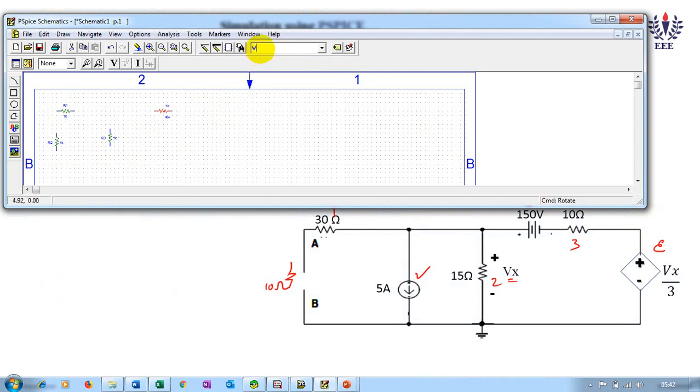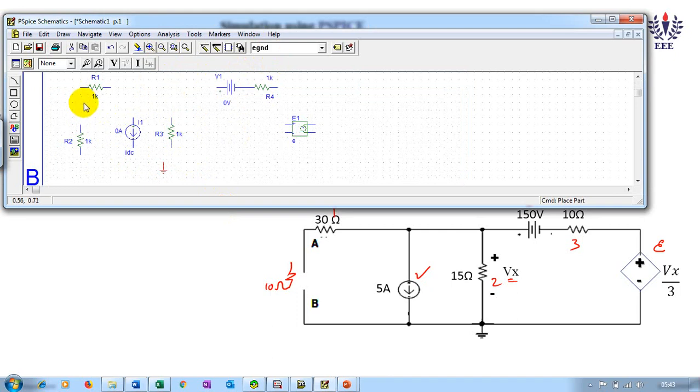Let's take VDC, and positive is towards left, so let us rotate and place it before 10 ohm here, and we have one IDC going downwards, and the part name for dependent is E. Let us place it here. We require one common ground, that is EGND. When we've taken all the parts, let us try to connect them.